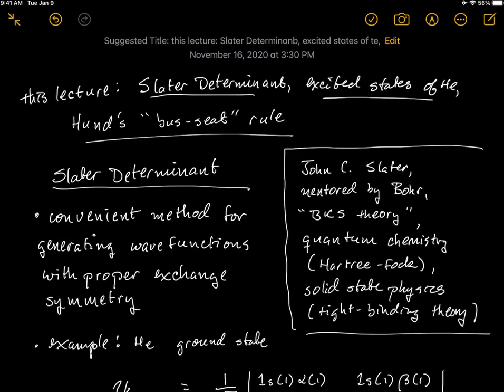He also was involved in the development of a lot of the key concepts that led to the band theory of solids in solid-state physics. So the Slater-Koster tight binding theory is part of that, and a lot of our understanding of bands and metallic conductors versus semiconductors and insulators can be traced to Slater's work.